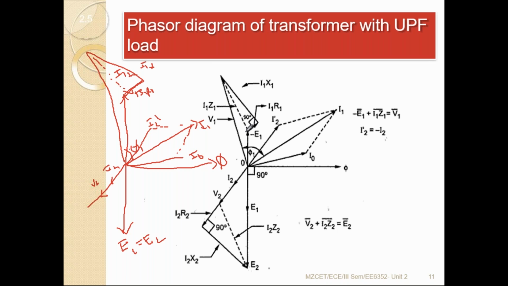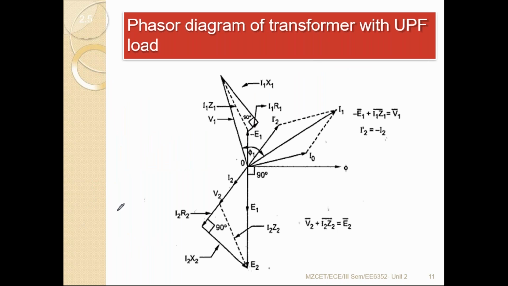I1 X1 and I1 R1 are at 90 degrees, and the hypotenuse is always opposite to the 90 degrees, so Z1 is made up of R1 and X1. Similarly here we can get a right angle triangle with R2, X2 and Z2. So this is the phasor diagram we can obtain for the resistive load.